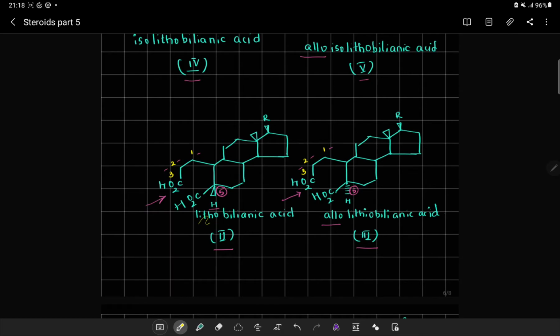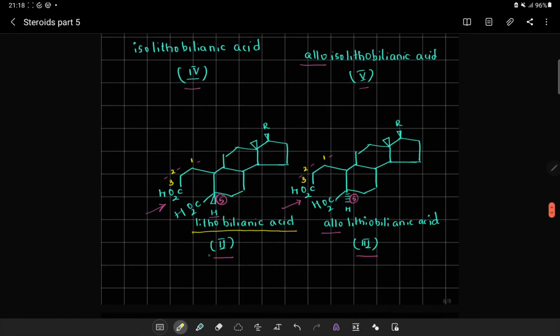One was lithobilianic acid, compound number 2, and allolithobilianic acid, which was said to be compound number 3. Lithobilianic acid was synthesized because there was a cleavage at position number 3 and 4.